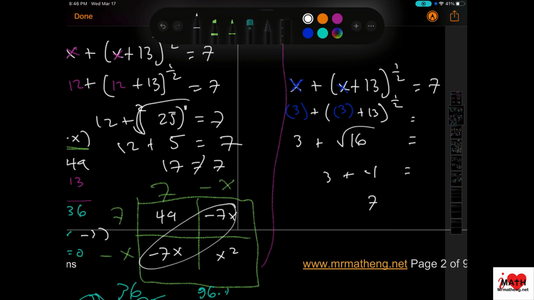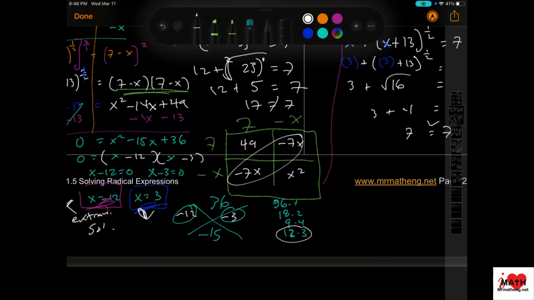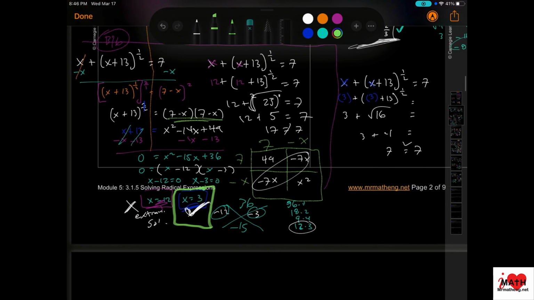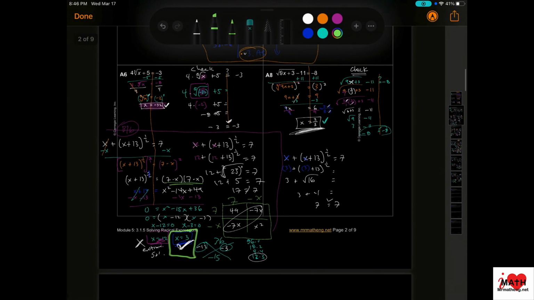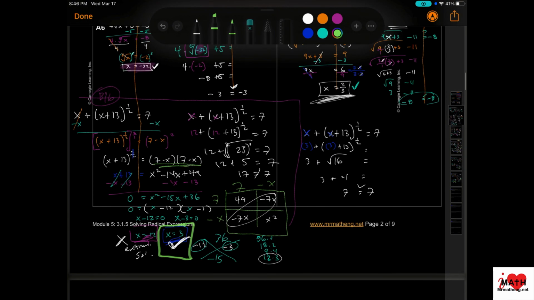And is 7 equal to 7? Oh, yes, it is. So the only answer in this one is x equals 3. Okay, you do not write x equals 12. The only answer you're writing is x equals 3. Okay, so those were all the examples for B. I ran out of space, so I did it up there.